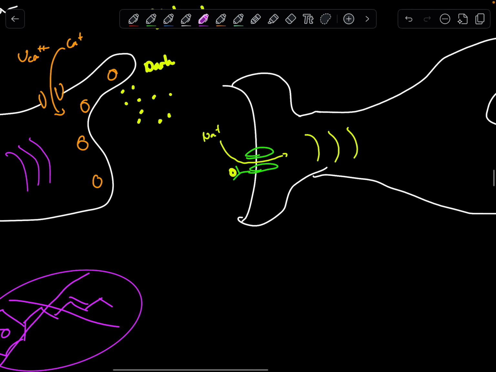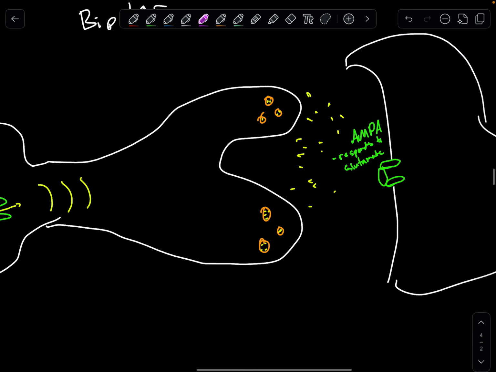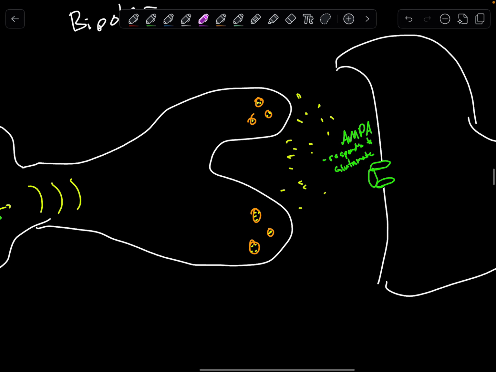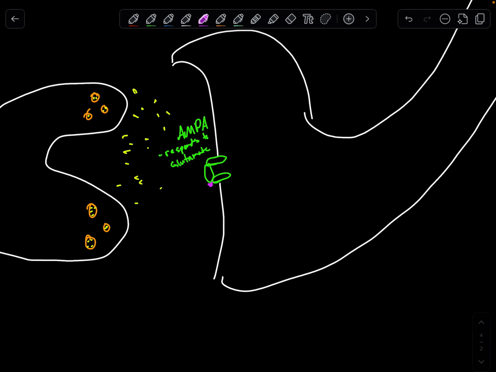But then on this bipolar cell, it's going to bind to an AMPA channel right here. It'll bind, sodium's going to rush in, create an action potential, release more glutamate.